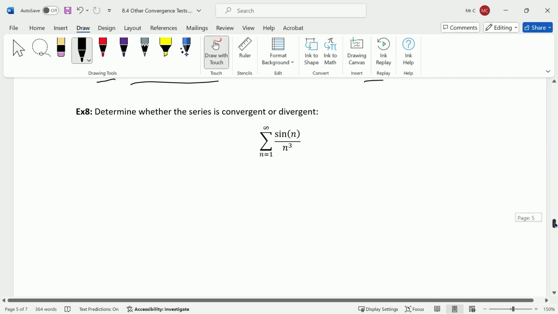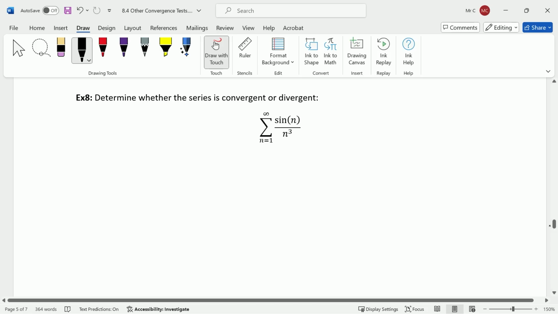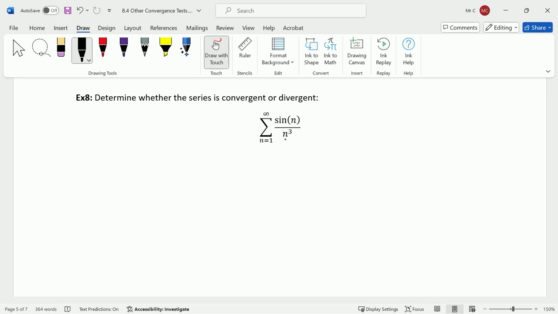So, taking a look at example 8, let's determine whether the series is convergent or divergent. So I see the sine of n over n cubed, and this is tough because I would like to do a comparison, but sine of n over n cubed is not strictly positive, so I can't do a comparison directly. So what can I do?